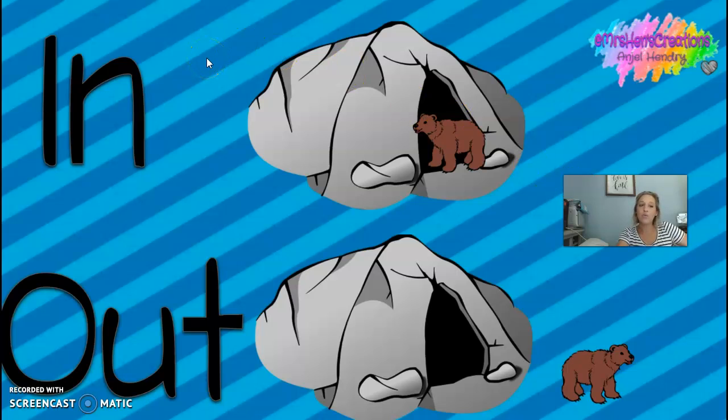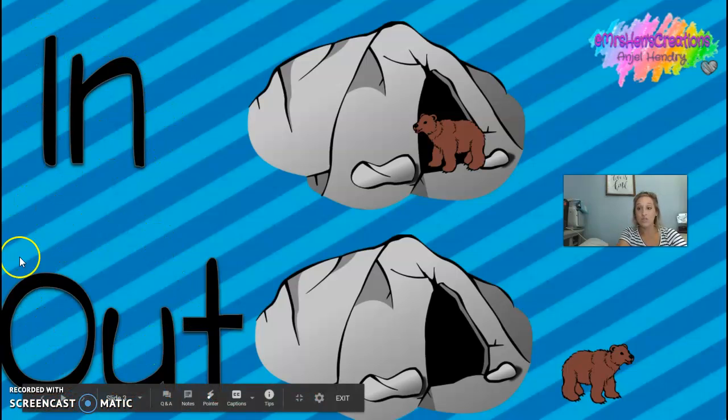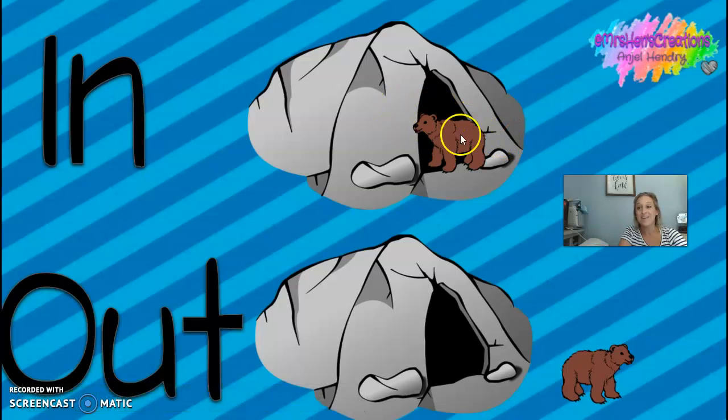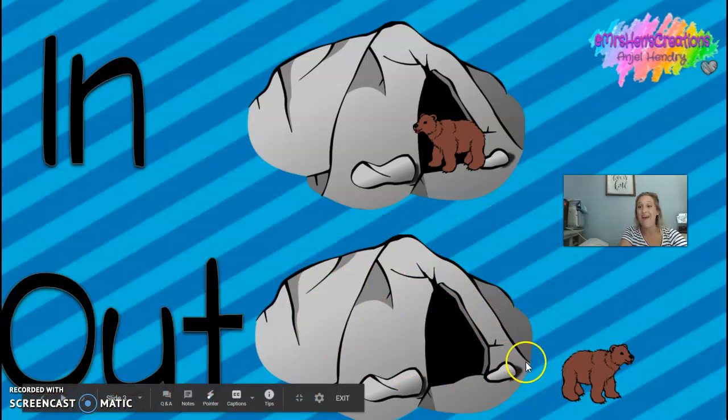All right, another positional term is in and out. In and out. So if you look at this picture, you see that the bear is in the cave. He's in the cave. If you look down here, the bear is out of the cave.